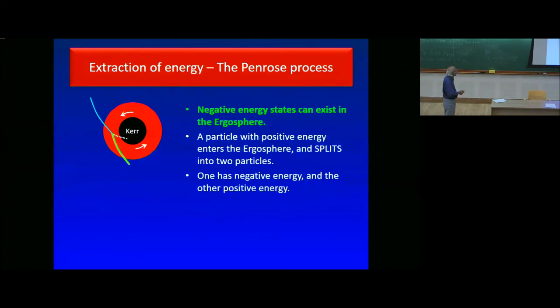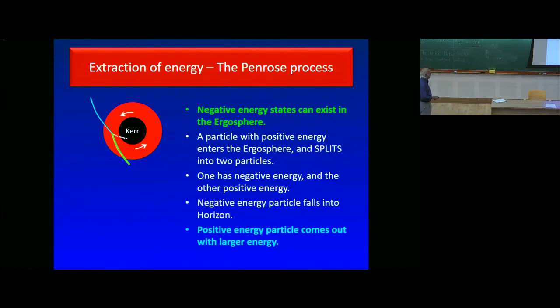The negative energy particle cannot come out. It can go into some orbit for a while, or it can go into the horizon as it pleases, but the positive energy particle can certainly come out. And when it comes out, it will have a greater energy than when it went in, because it has created a negative energy particle. Okay? This is called the Penrose process.